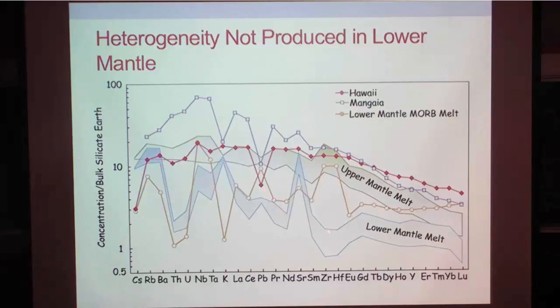If we were to melt in the deep mantle, we'd expect that ratio to be substantially fractionated. We don't see that. The other thing is, here's uranium, here's lead. We'd expect a pretty strong fractionation, even stronger if we were melting more down there, much stronger than we actually see. We don't see the kinds of fractionations we'd expect from deep mantle melting.